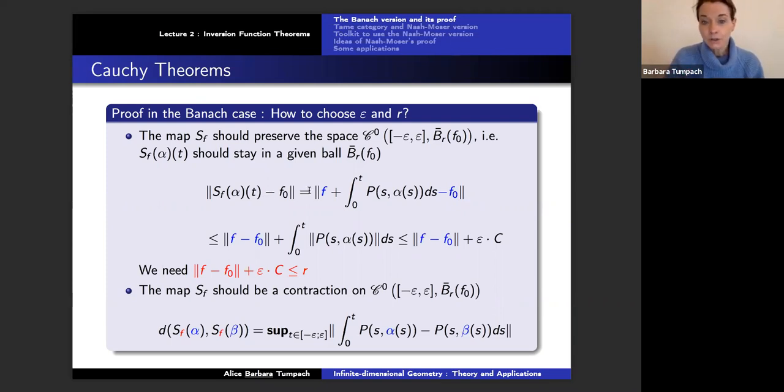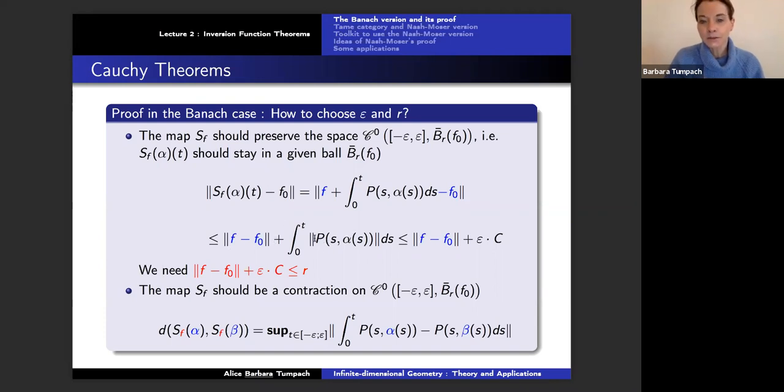So here I'm just writing what S sub f is. This was the right-hand side of the equation. We use a triangular inequality very easily. For the first term, we get f minus f0. f will be the initial value, so the initial value should not be too far from f0.